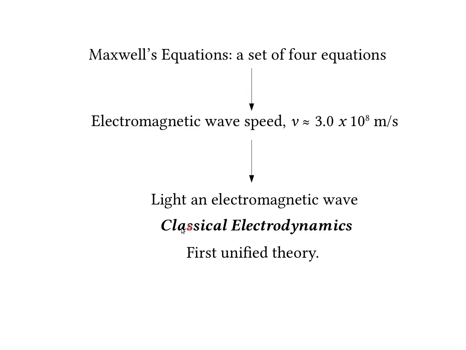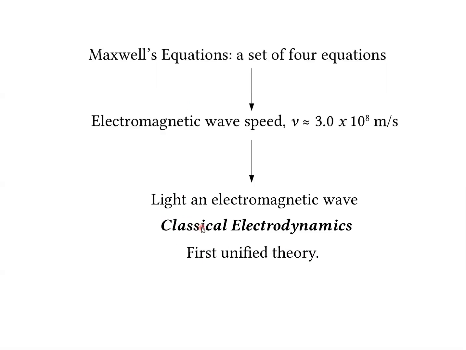This theory is classical electrodynamics, the Maxwell equations plus the contribution of Lorentz. This is the first unified theory, where electricity and magnetism are combined together. So this is the first successful unified theory, and it is classical.